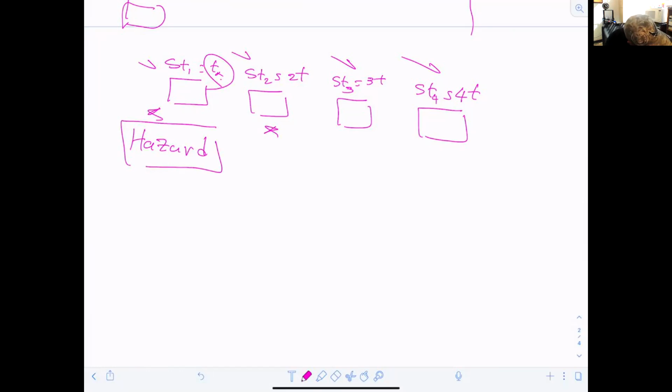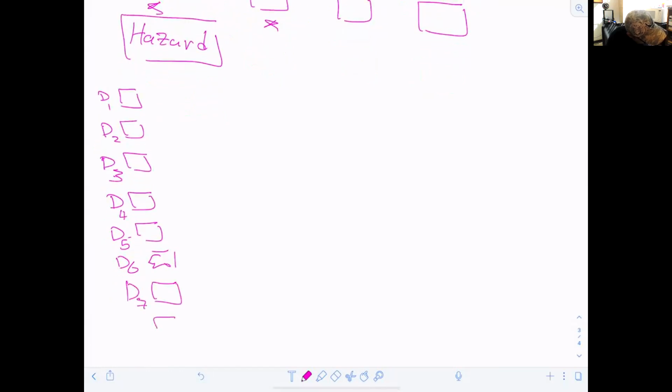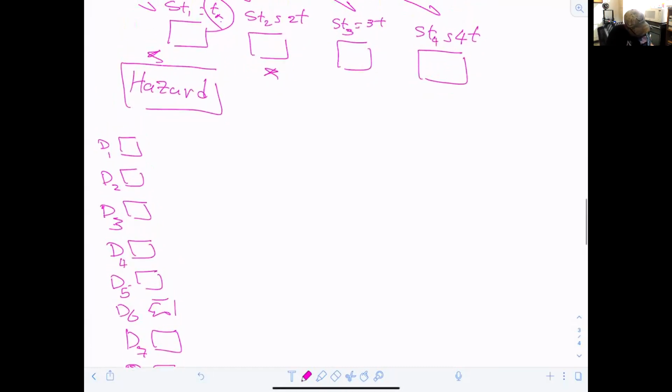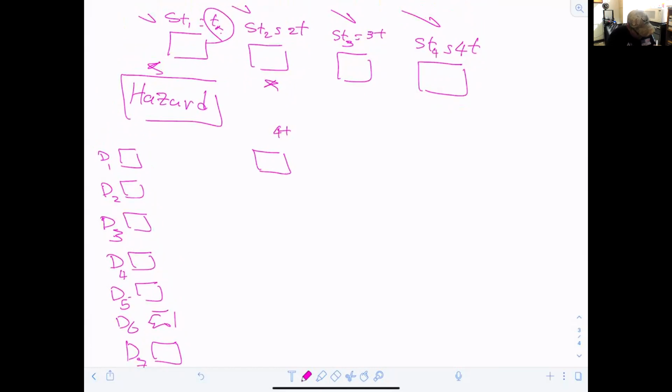So in that case, I have packets of data called D1, D2, D3, D4, D5, D6, D7, D8. Those are the packets I'm trying to process. Now D1 is taking 4T time. Second, D2 will be processed by ST1.